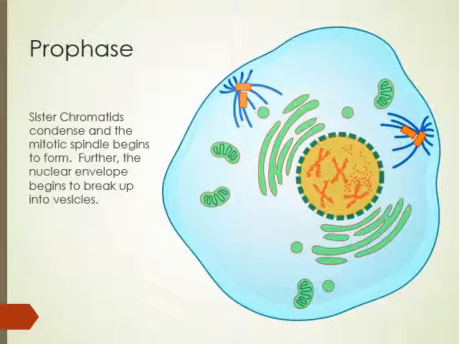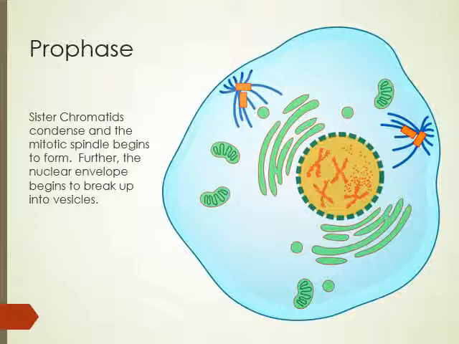The chromatin starts to condense and become chromosomes. And the centrioles, otherwise known as the centrosome, you can use them interchangeably. Two centrioles make a centrosome. Begin to produce what's called the mitotic spindle. That is, they produce microtubules. They provide an attachment point for microtubules.